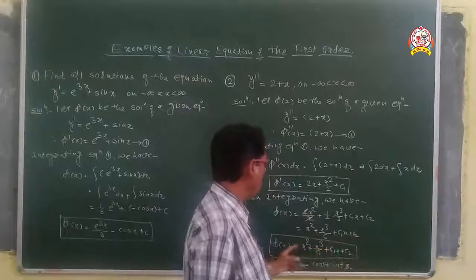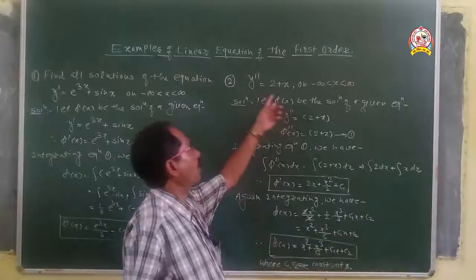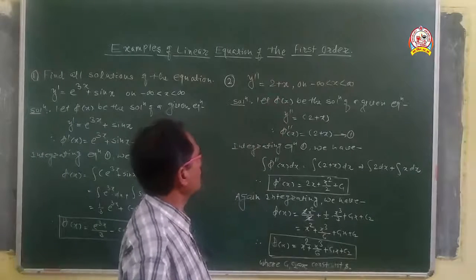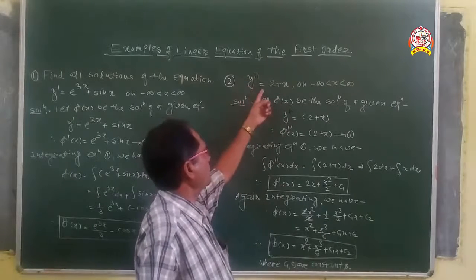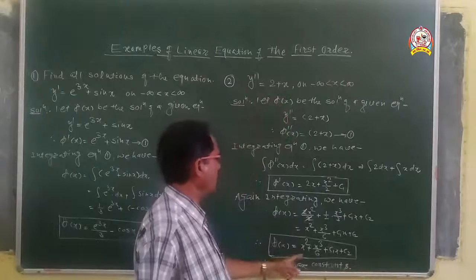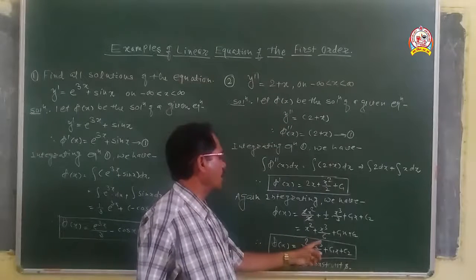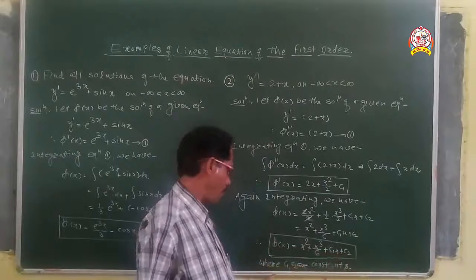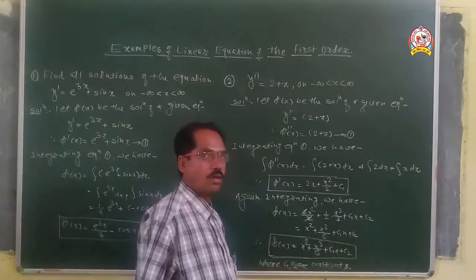Therefore, the solution of the given linear equation of first order y'' = 2 + x is x^2 + x^3/6 + c1x + c2, where c1 and c2 are constants.